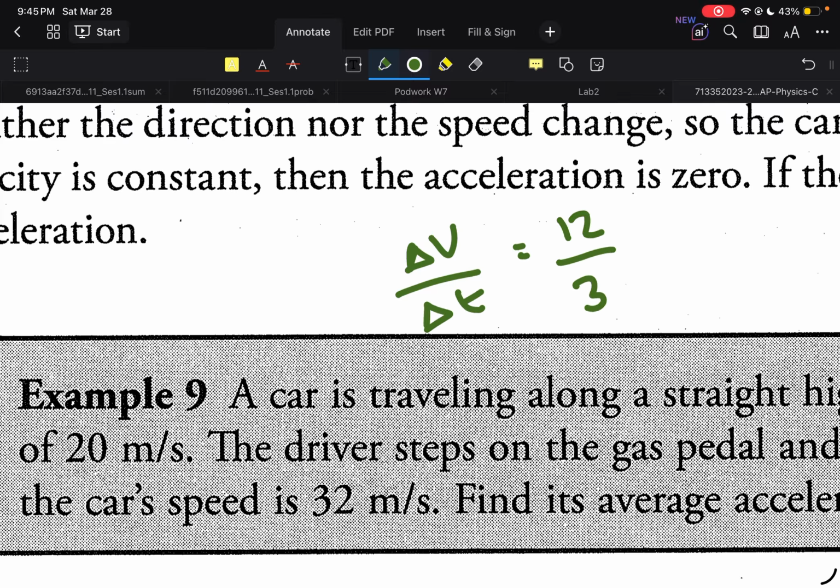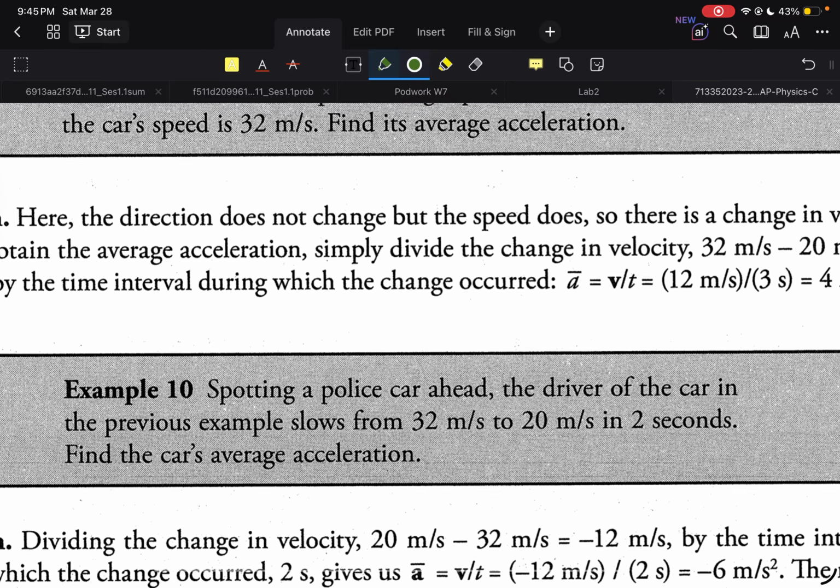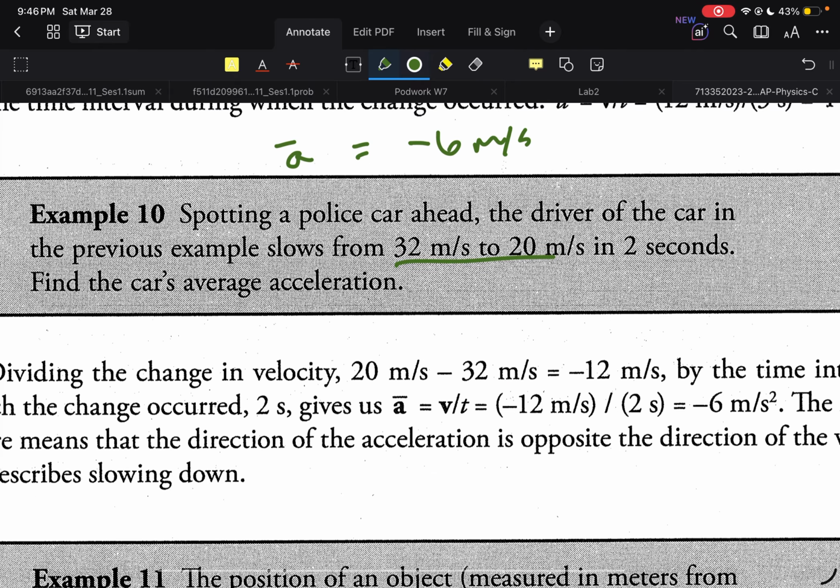We see the change being 12 over 3, which is equal to 4 meters per second squared, the average acceleration. Okay, boom. Spotting a police car ahead, a driver slows from 32 to 20. So this is a -6 meters per second squared, I think.